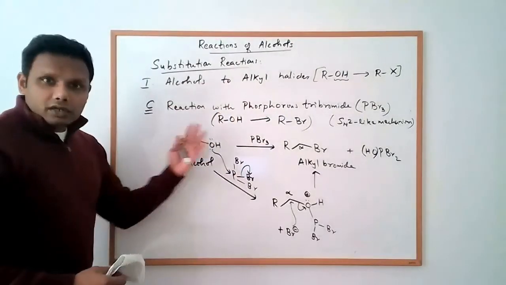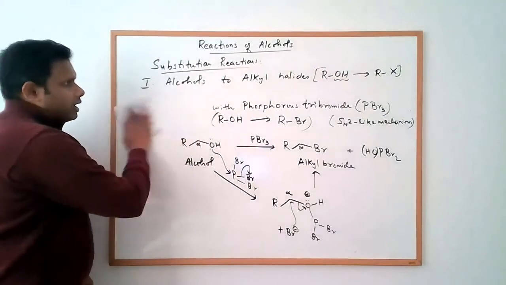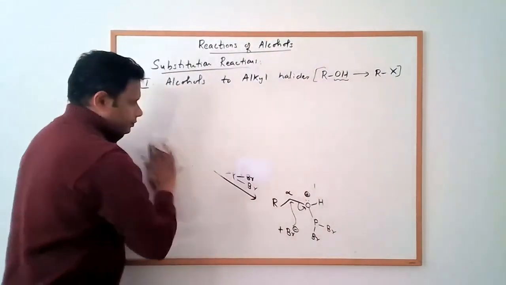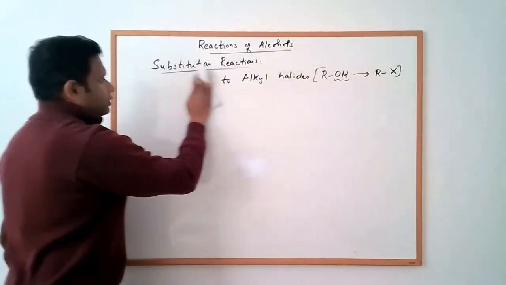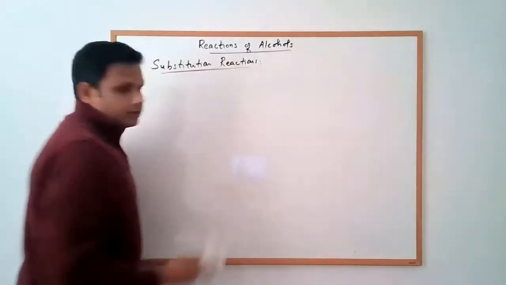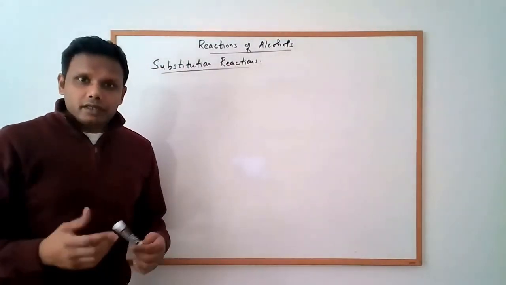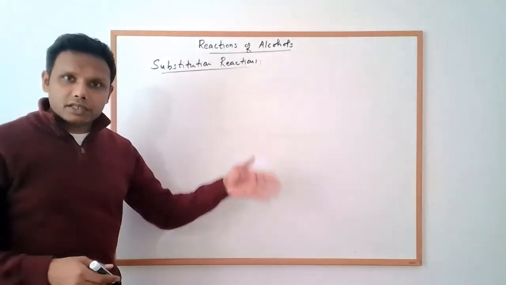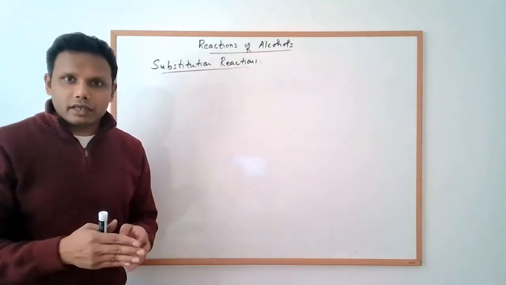Okay, we started directly from the alcohols. Now the last substitution reaction that we're going to cover is a more widely applicable reaction because you can make a lot of products, because the reactions that we looked at just now were all limited to converting alcohols into alkyl halides.